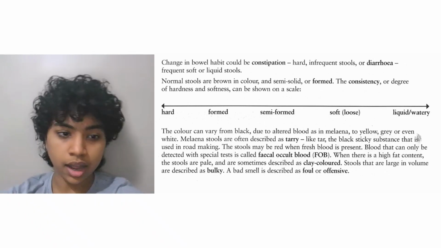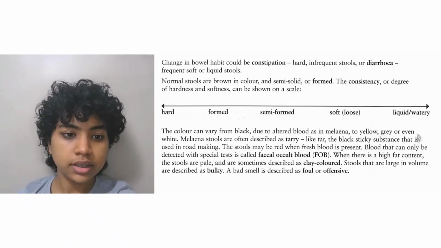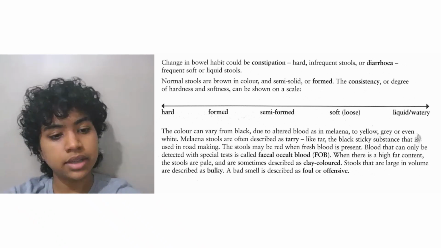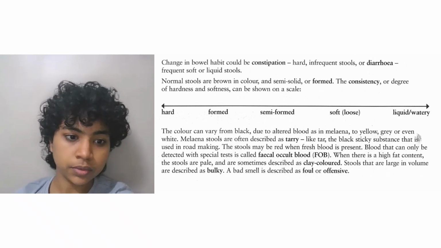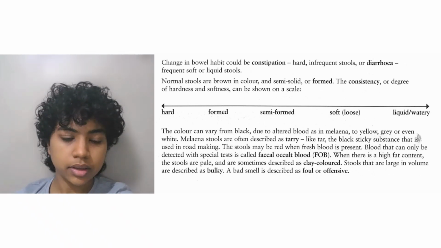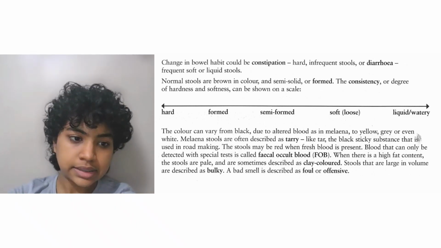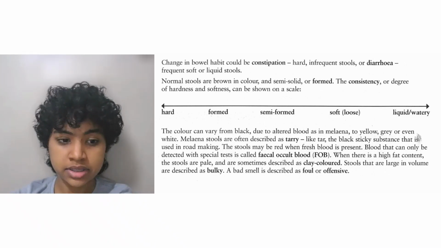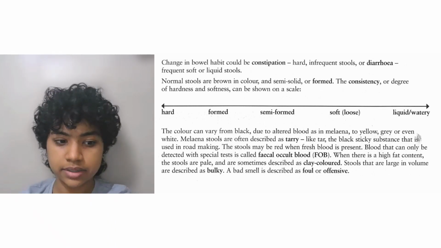When there is a high fat content, the stools are pale and are sometimes described as clay-colored. Stools that are large in volume are described as bulky. A bad smell is described as foul or offensive.